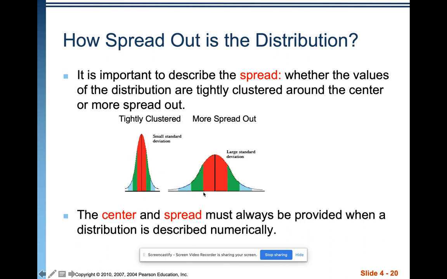And over here we have another test, same center but a much larger spread. Those are telling two very different stories. On the left, you have a test where the students performed within a reasonable range. Over here, man, you'd want to look at why there's so much variability among the student scores.